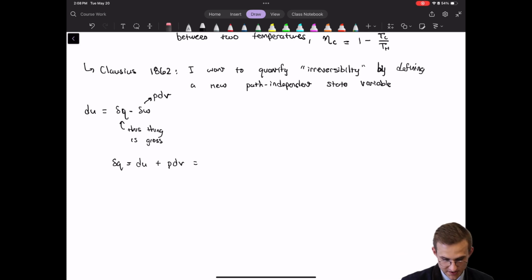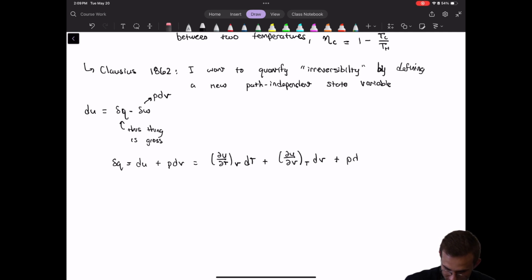So for his analysis, he just said that the internal energy is a function of V and T, and that allowed him to expand the total differential of U in the following way, where he has dU/dT at constant V times dT, plus dU/dV at constant T times dV, plus P dV. And we already know what dU/dT at constant V is, right?